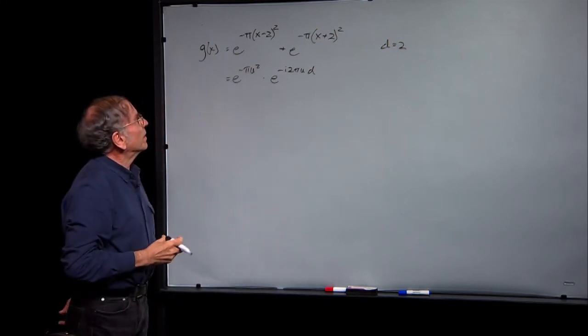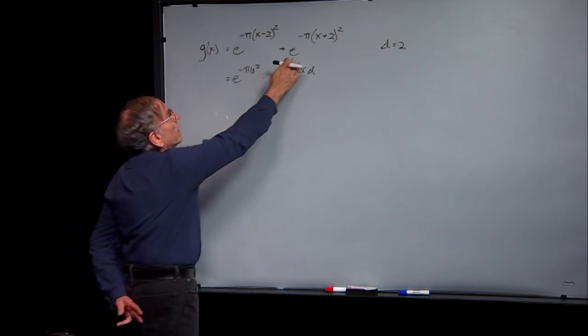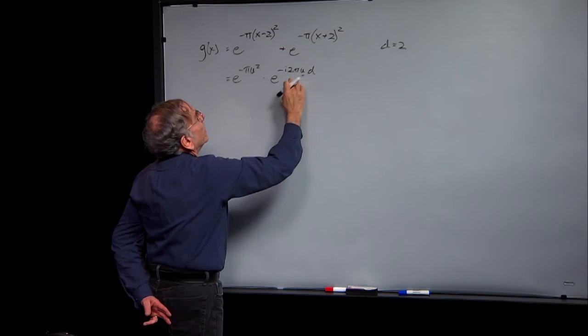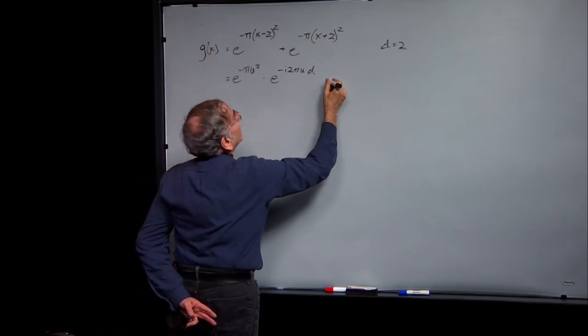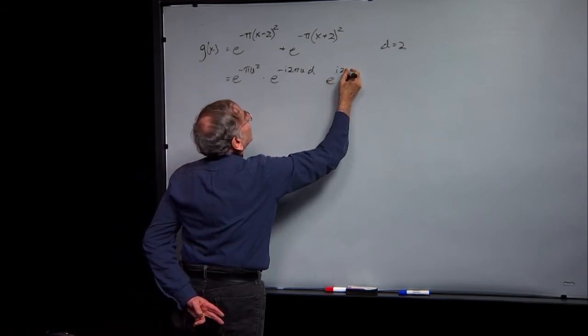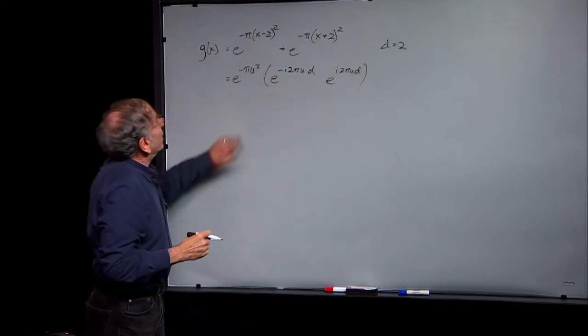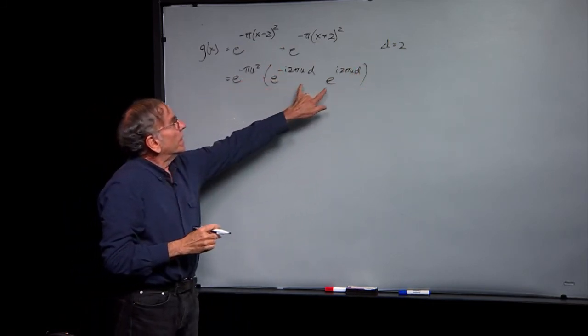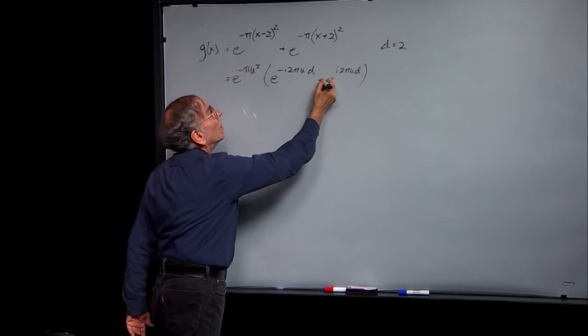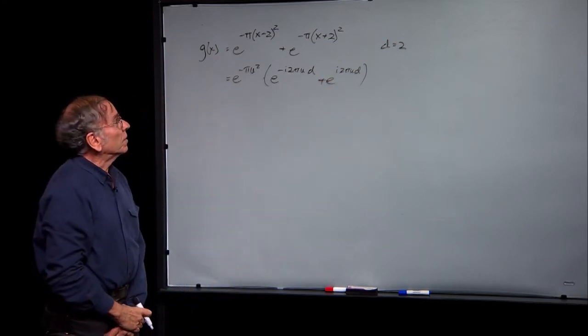That's the size of the displacement. And then this other term is going to be exactly the same, except that it's going to be e to the plus i 2 pi u d, and I can just collect these together. So I have this Gaussian and then times these two complex exponentials.